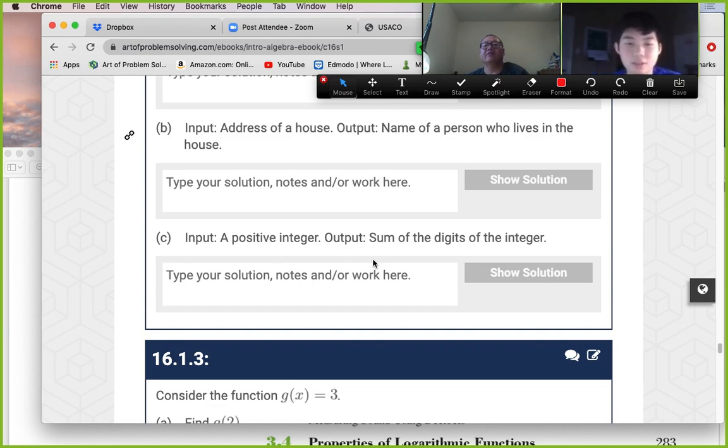Because for any positive integer, if the integer is the same, then its digits will definitely be the same, right? If the integers are different, their digit sums may be different. That's fine. So this one is a function. Okay, good.